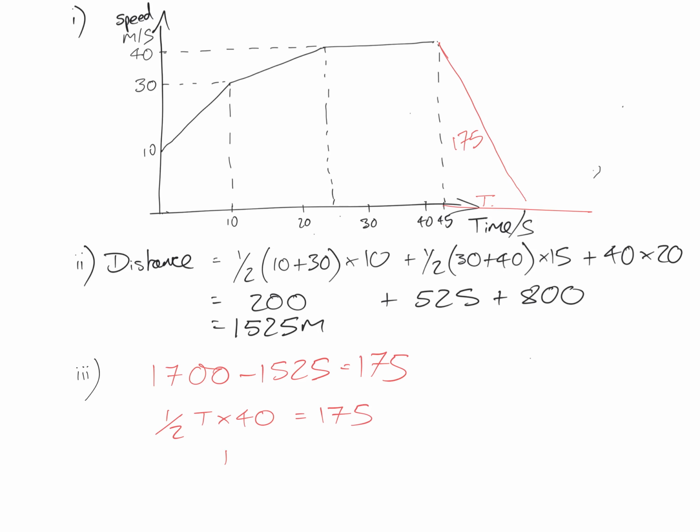So we've got 40, so t is 175 divided by 20, is 8.75 seconds. Okay.